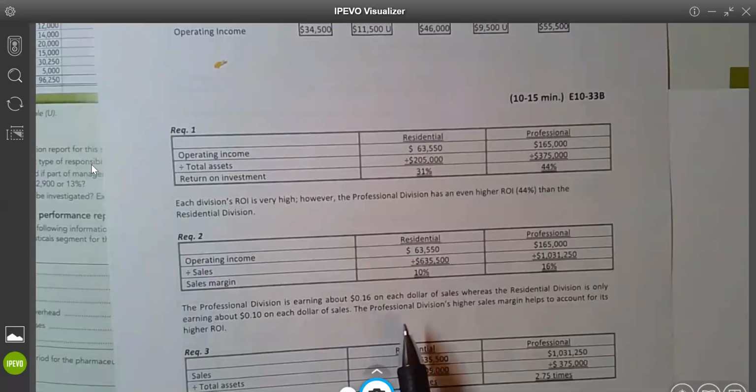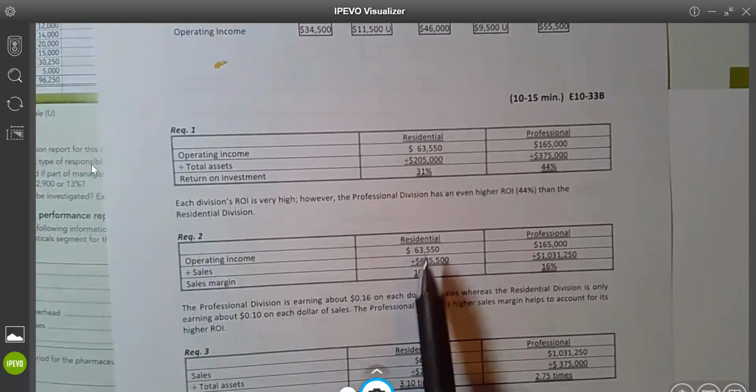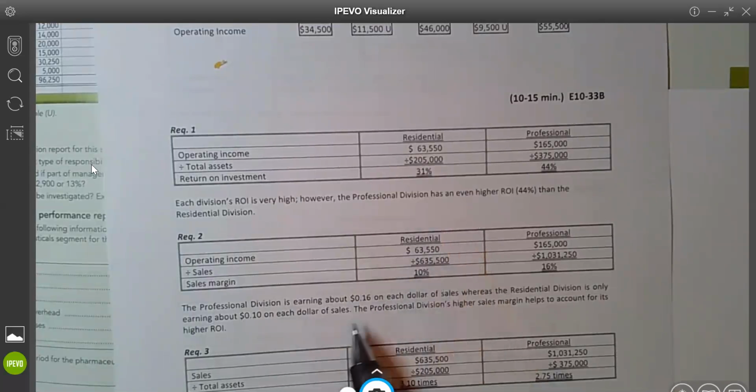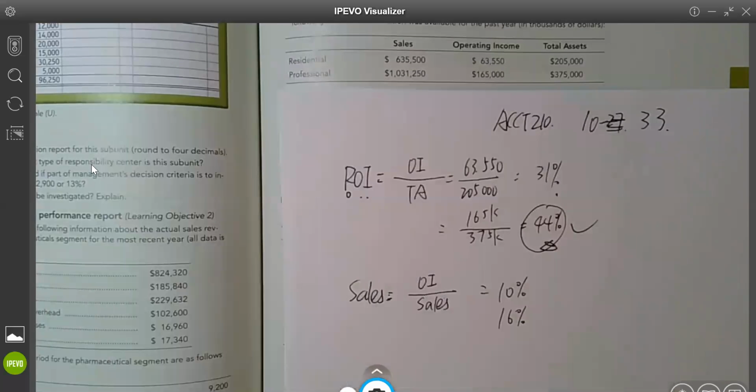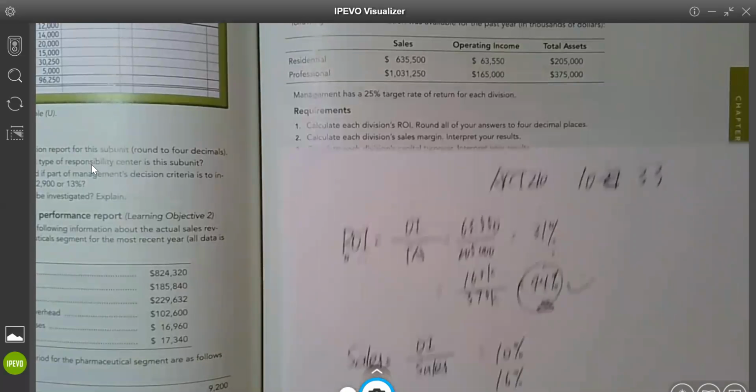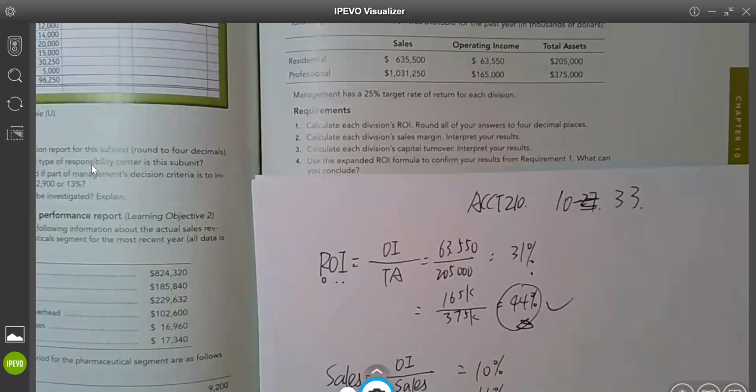That means when you sell $1, 16 cents will go to your profit. So every time you increase your revenue by $1, your operating income will increase by 16 cents for the professional segment, but for the residential, it's only 10 cents. So professional has a better sales margin, higher than residential.